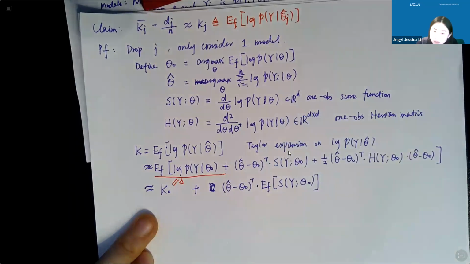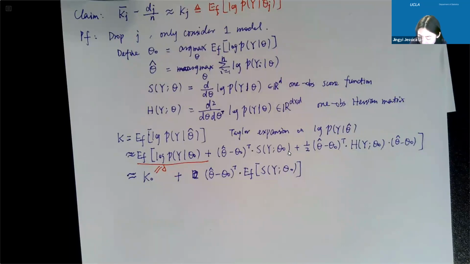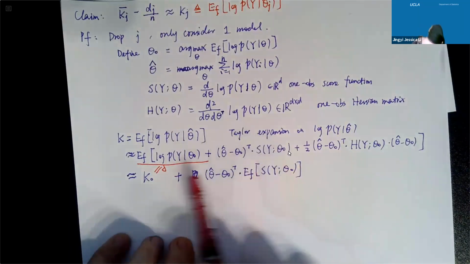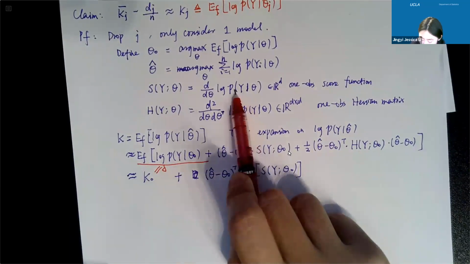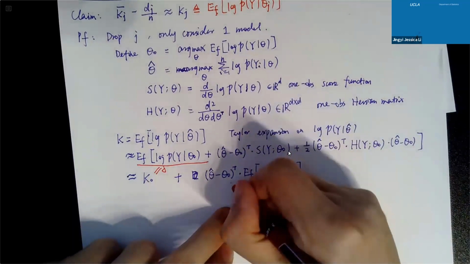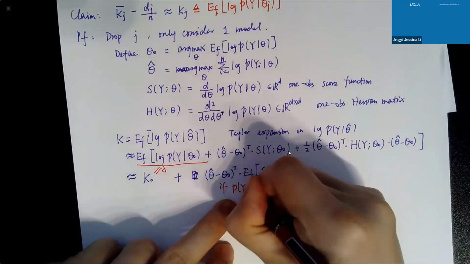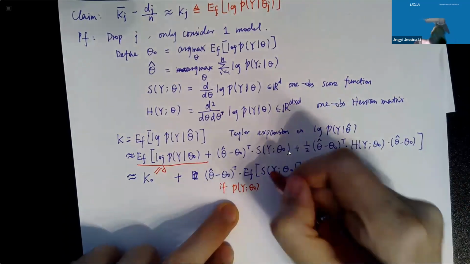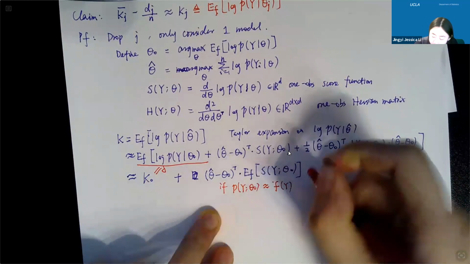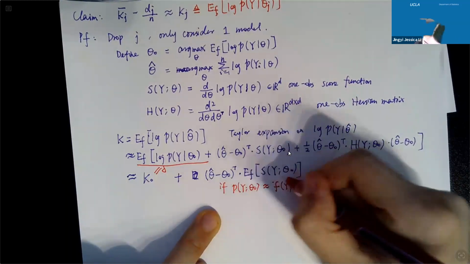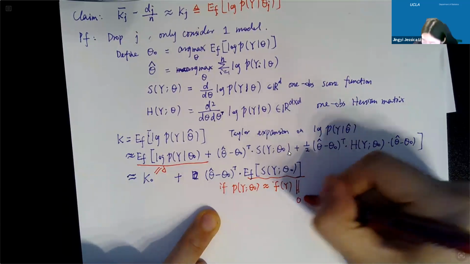And based on what we said before about the score function, if we believe that this probability of y at theta zero is very close to the true density f, then we would have the expectation of the score function equal to 0.